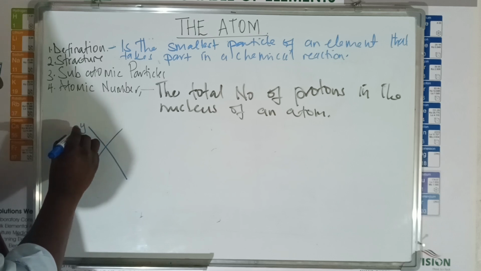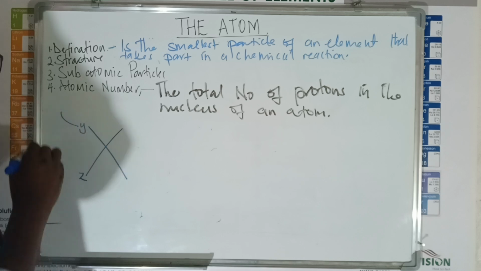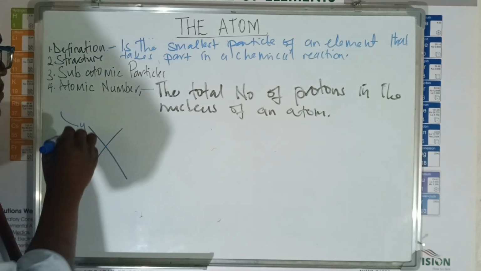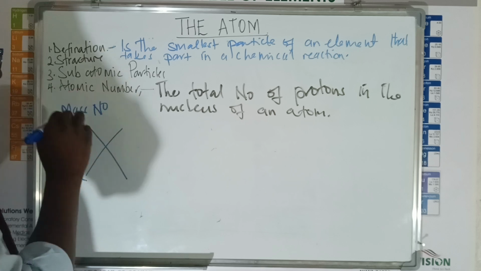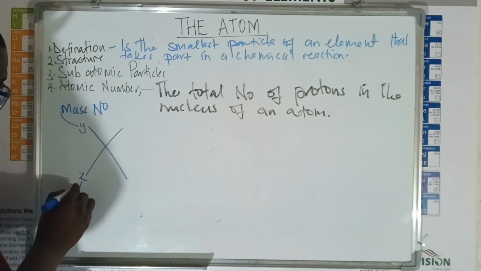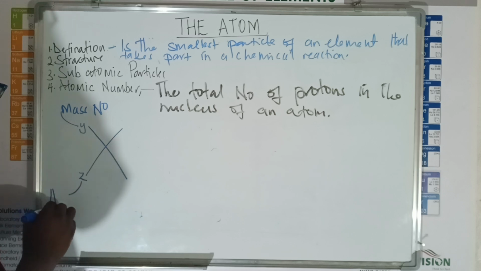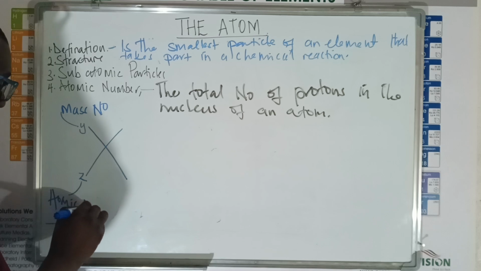But if you have an element X in a periodic table, this is just an example, then a number will be written here. Now this number that is written here is the mass number. This one is always the mass number of that particular element. Then down here, this one is usually the atomic number.